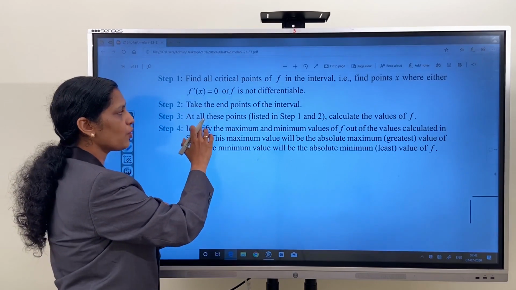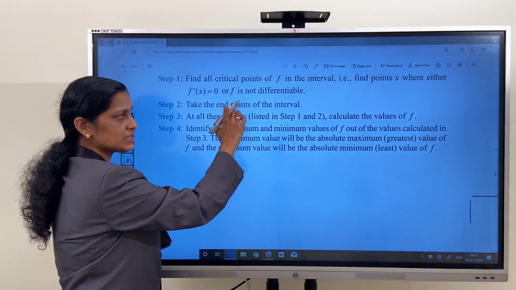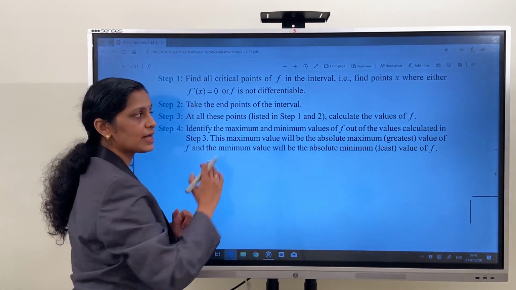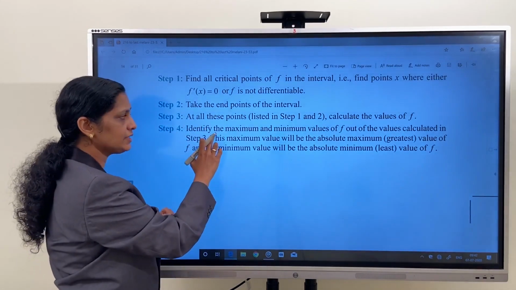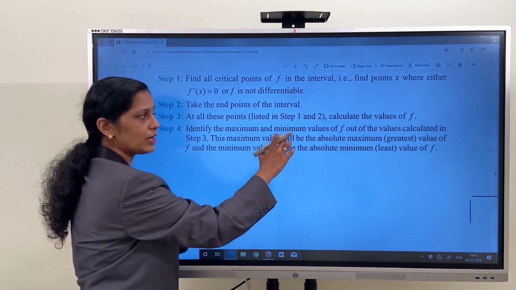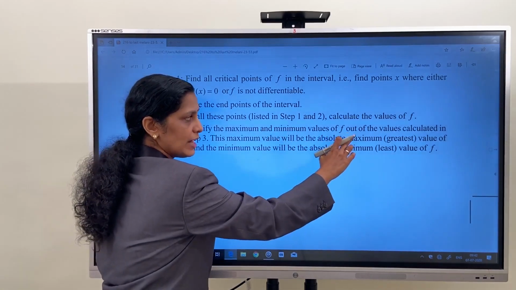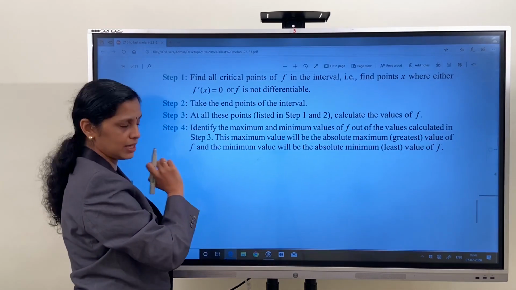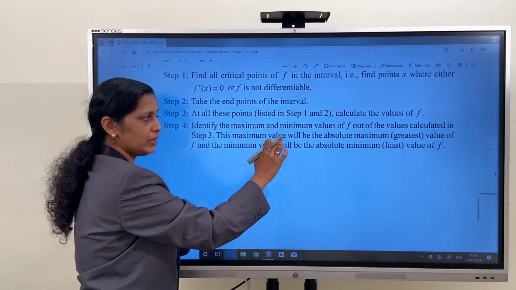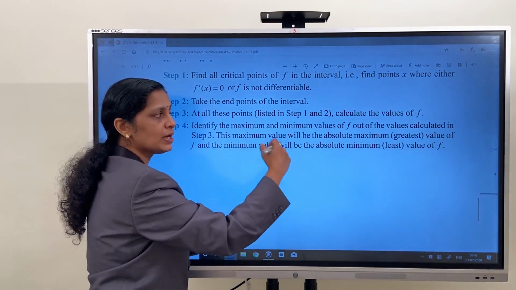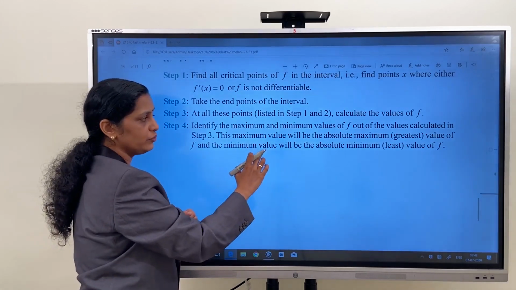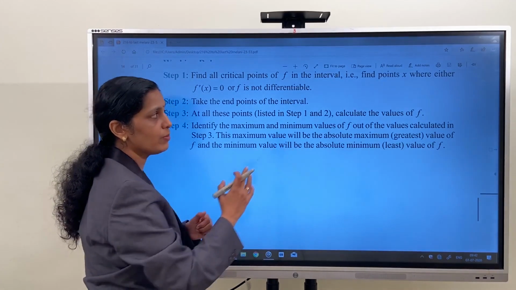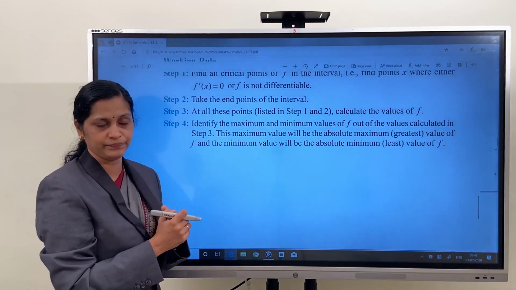Step 3, at all these points listed in step 1 and 2, calculate the values of f. Step 4, identify the maximum and minimum values of f out of the values calculated in step 3. This maximum value will be the absolute maximum, that is the greatest value of f, and the minimum value will be the absolute minimum value of f.